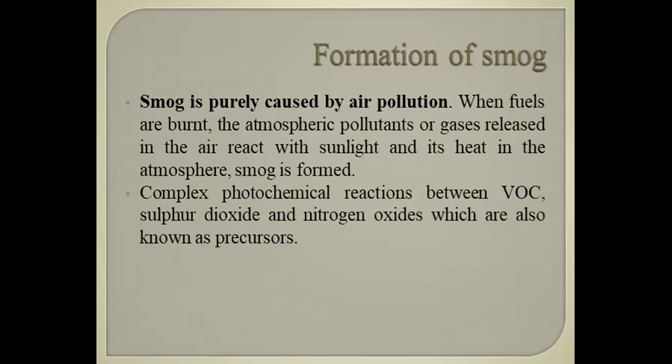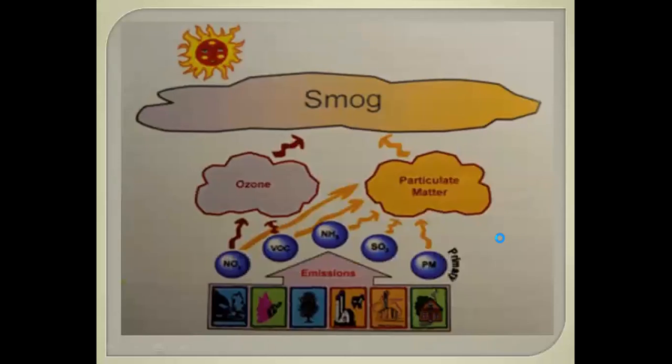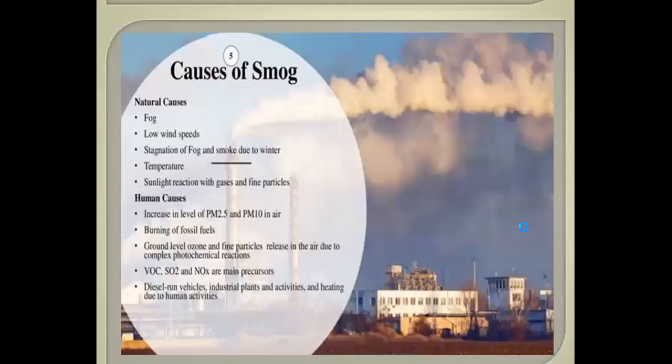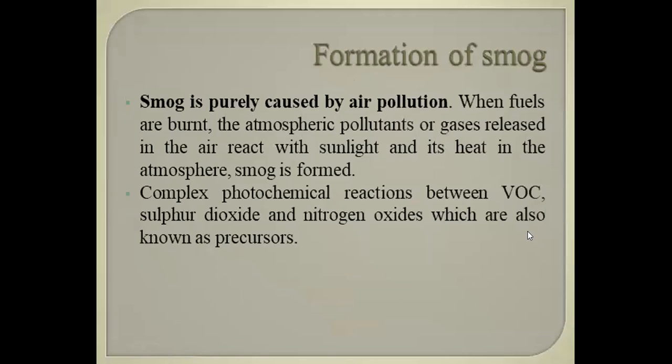Formation of smog. Smog is purely caused by air pollution. When fuels are burned, the atmospheric pollutants or gases released in the air react with sunlight in the atmosphere and smog is formed.